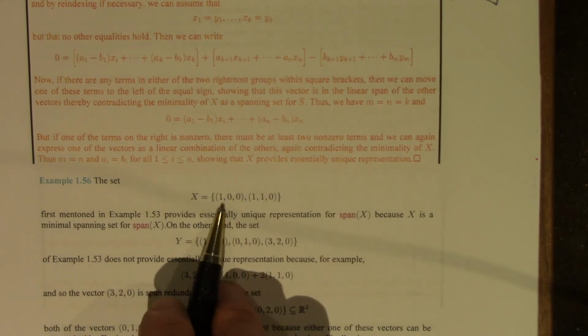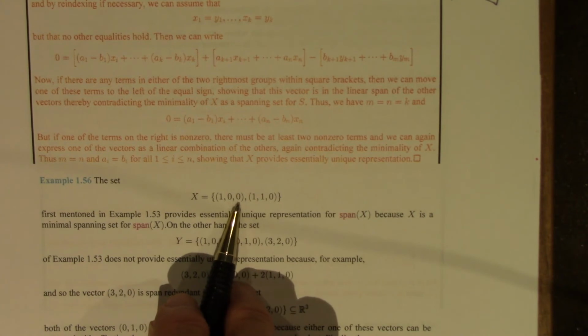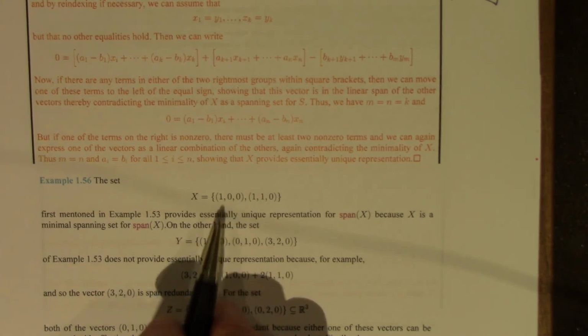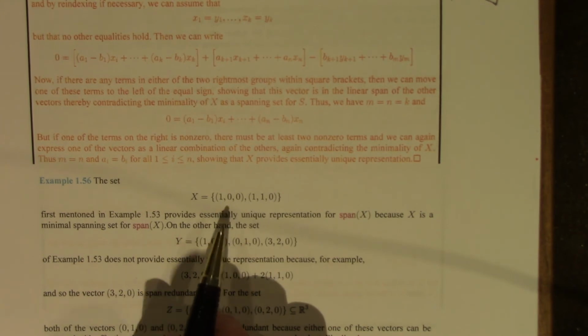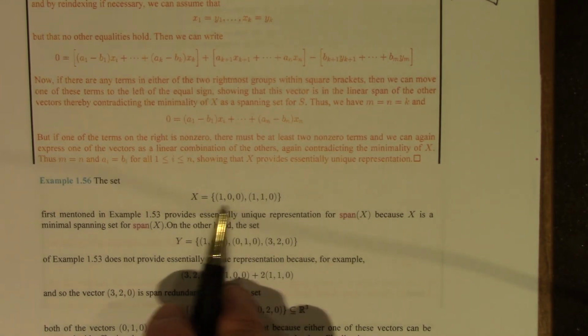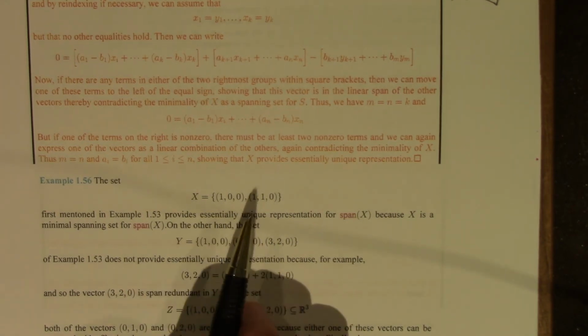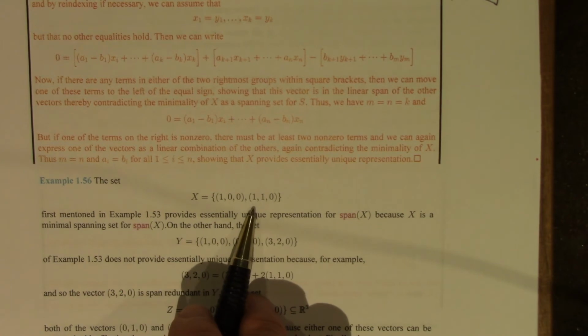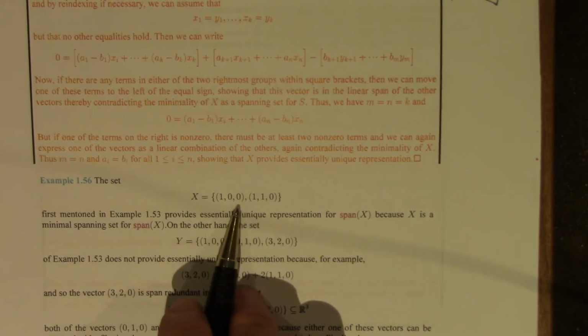Remember, those were the ordered triples where there was a 0 in the third coordinate. Every vector in R3 with the 0 in the third coordinate is a linear combination of these two, and that linear combination is essentially unique.